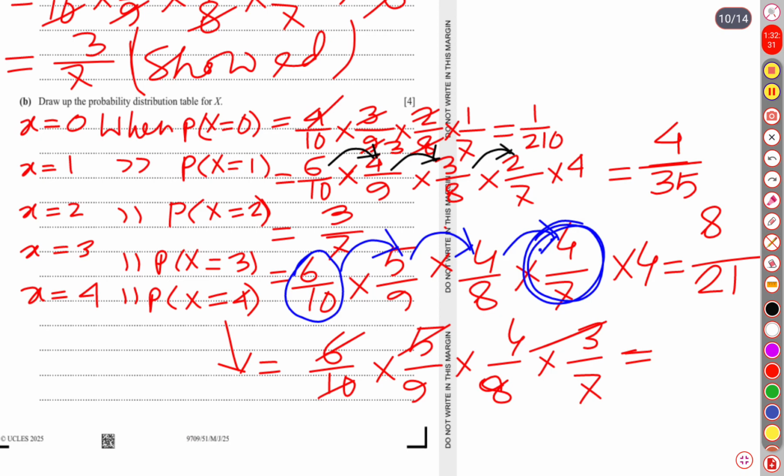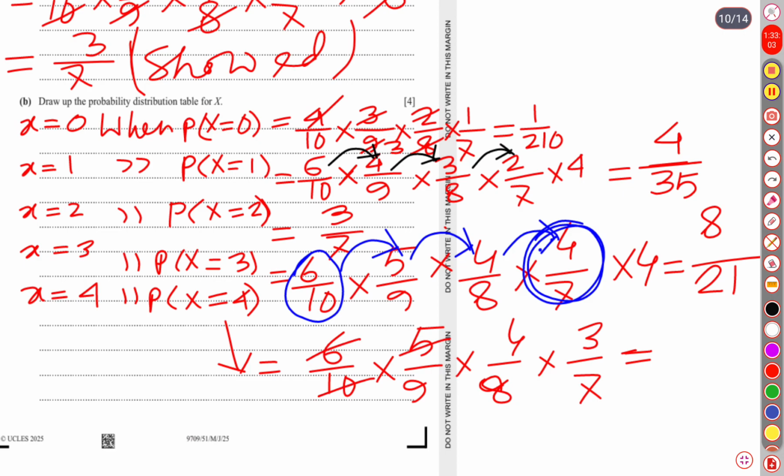Sorry, a little mistake has been made. It will be 3 over here. This 3 can dissolve this, 4 can dissolve this by 2. So let us do the calculation once again. 6 5 are 30 by 10.